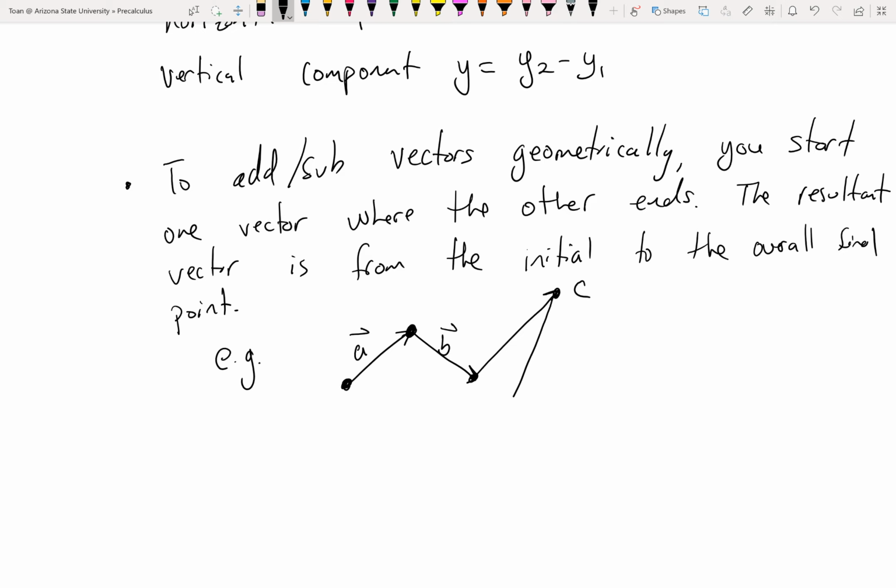And let's say D is somewhere down there. So you can go as crazy, complicated, as many vectors as you want, but you start at the original initial and you end at the overall terminal. That is the resulting vector. So this blue here is A plus B plus C plus D. So to add and subtract vectors geometrically, it's sort of like follow the leader. You just connect the chain links.